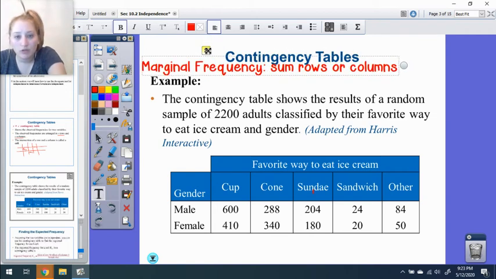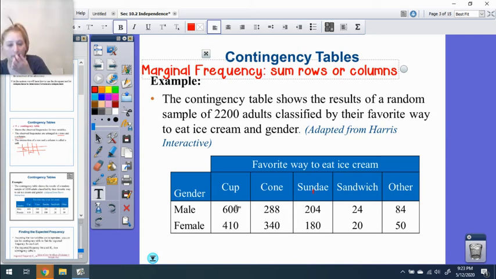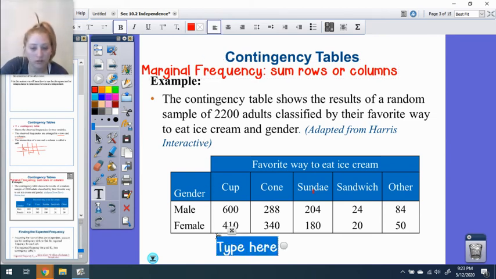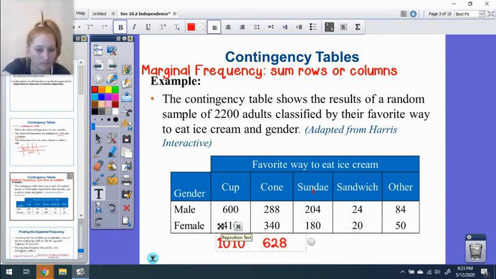So let's go ahead and do that right now. We're going to add up each of our columns and each of our rows. If we do that, for this first one here, we get 1,010, and then 628, 384, 44, and 134.